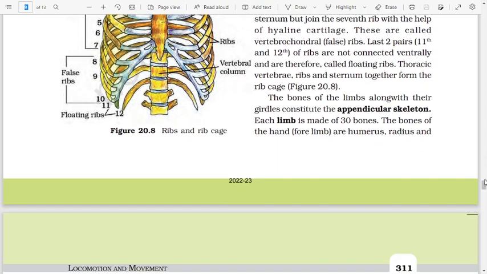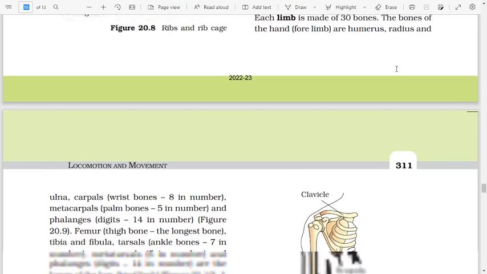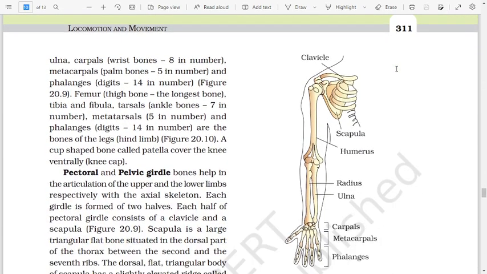Figure 20.8. The bones of the limbs along with their girdle constitute the appendicular skeleton. Each limb is made up of 30 bones. The bones of the hand, forelimbs, are humerus, radius, and ulna. Carpals, wrist bones, are 8 in number. Metacarpals, palm bones, 5 in number, and phalanges, digits, 14 in number.